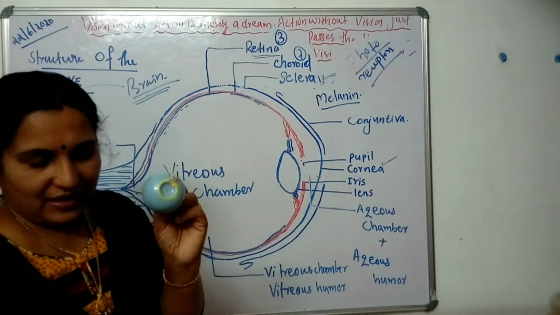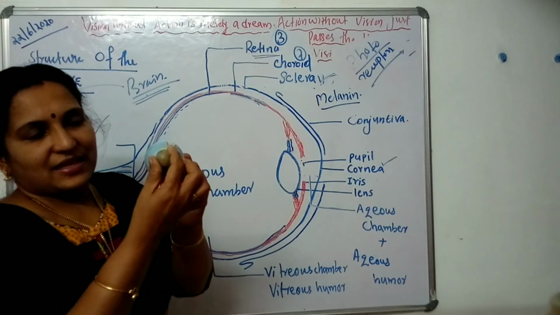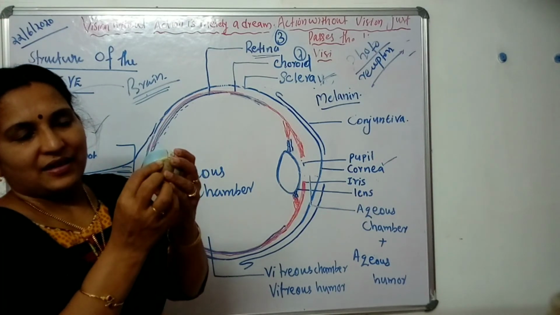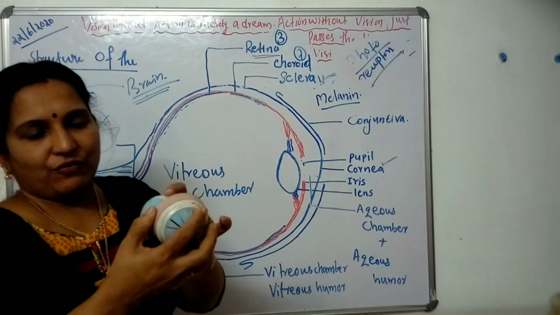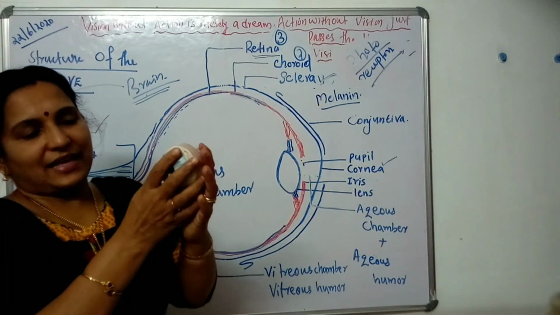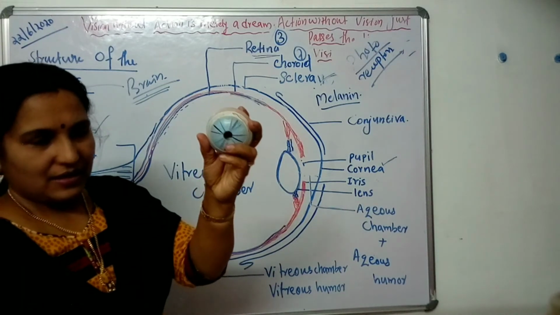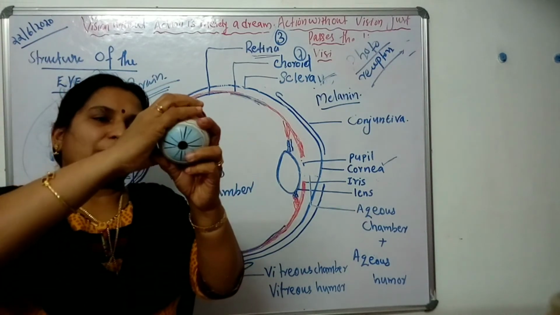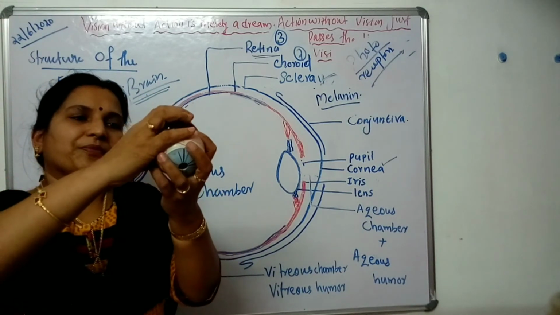Actually, it looks like a ball when we rearrange it. So once again, listen here, we are going to rearrange it. Fix the lens here first, which is present behind the pupil. Then we keep the second layer, the middle layer, choroid. Then fix the other part of the choroid.